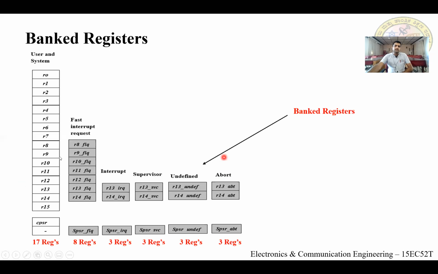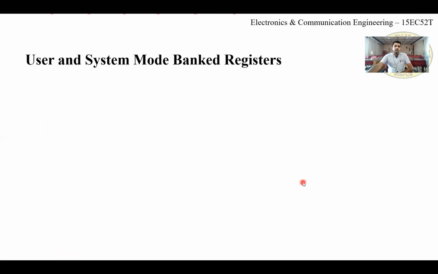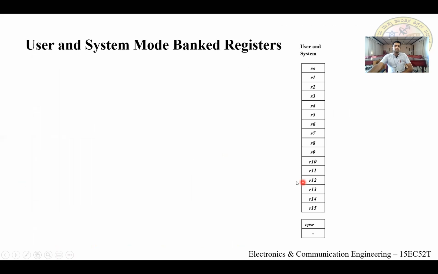These are called banked registers. Now we move on to each processor mode and how many banked registers are available in each mode. First, user and system mode.